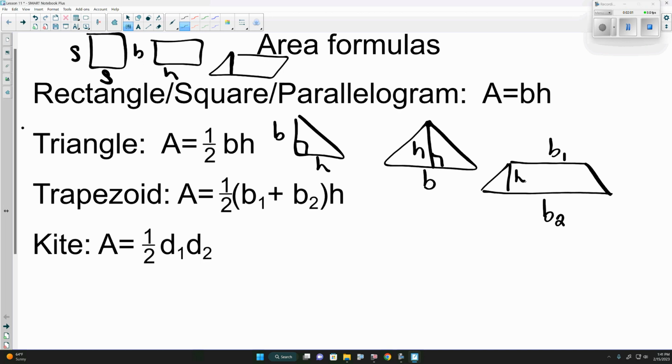And lastly, a kite. By definition, a kite is a four-sided figure with two sets of congruent sides. Its area is the two diagonals multiplied together divided by 2. And that's it. Once we have these formulas, we're just plugging in our information and solving from there.